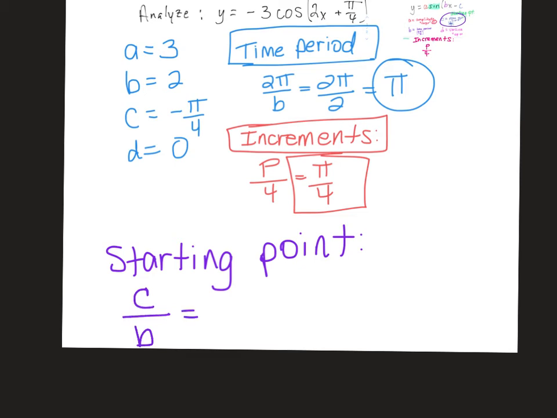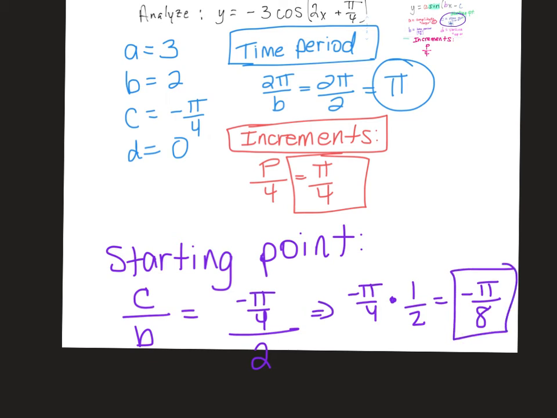B. So I have C, which is negative pi over 4, divided by B, which is what? 2. So this is the same as negative pi over 4 times what? 1/2. So I'm going to start where?